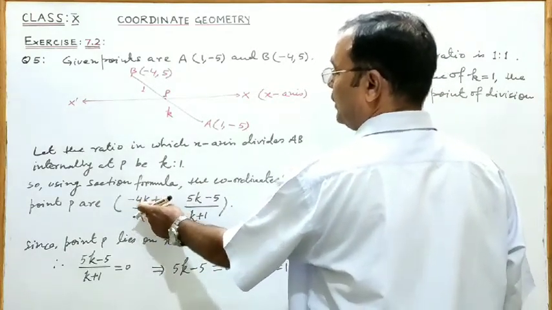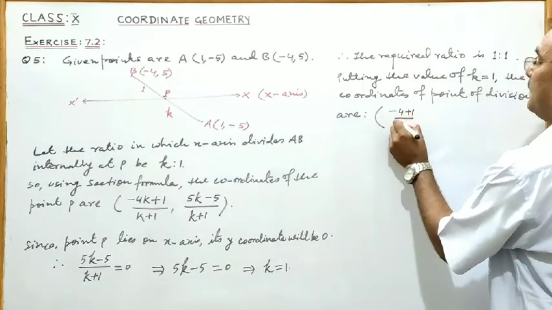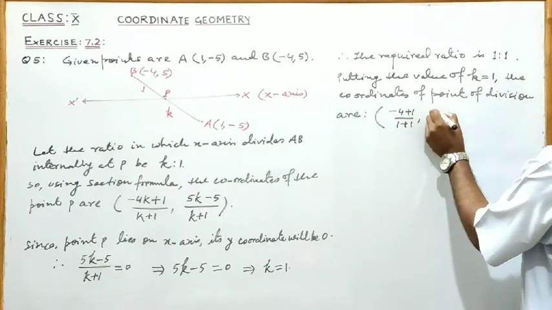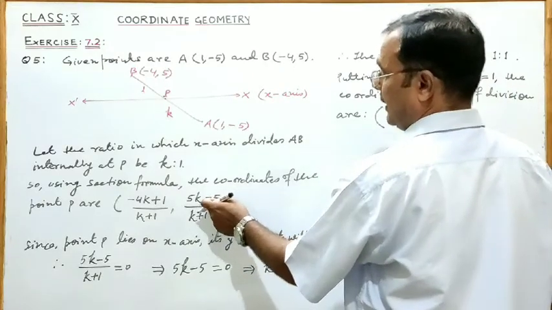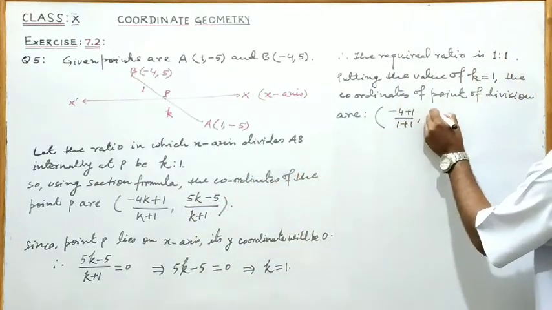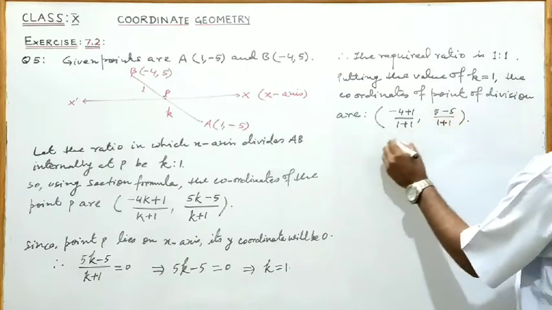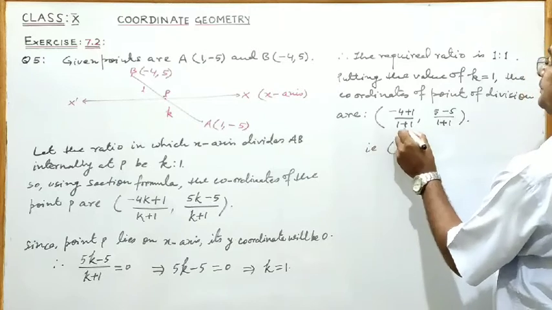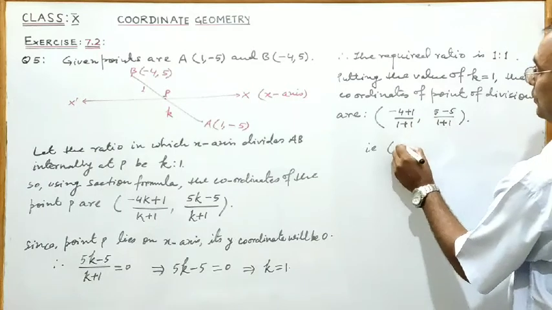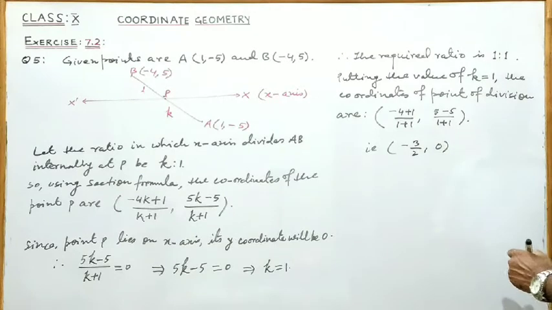So (-4 into 1 plus 1) by (1 plus 1), and for (5k minus 5) by (k plus 1) it is ultimately 0. So (5 minus 5) by (1 plus 1). That is, (-4 plus 1) which is -3 by 2, and y coordinate 0.